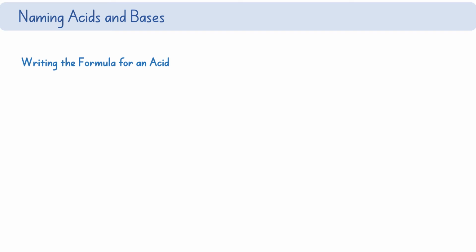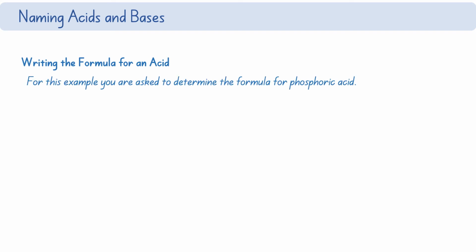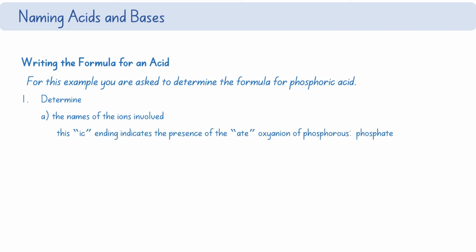Writing the formula for an acid. For this example, you're asked to determine the formula for phosphoric acid. Number 1, determine the names of the ions involved. The ic ending indicates the presence of the oxyanion of phosphorus, phosphate.